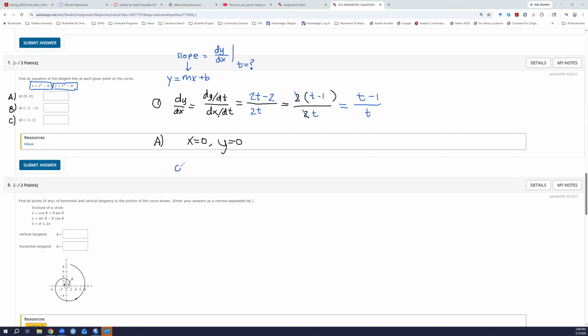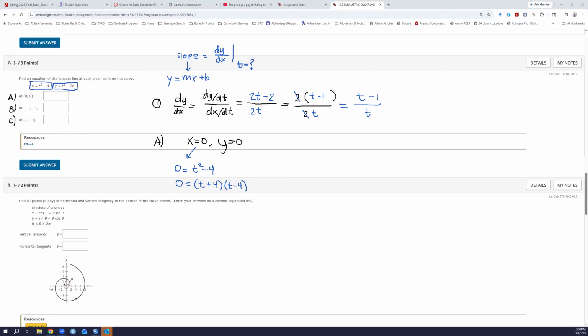So if I'm looking at the first one for x, we would have 0 is equal to t squared minus 4. And this is a factorable quadratic. So we have the difference of squares there. So that's going to be (t plus 4) and (t minus 4).